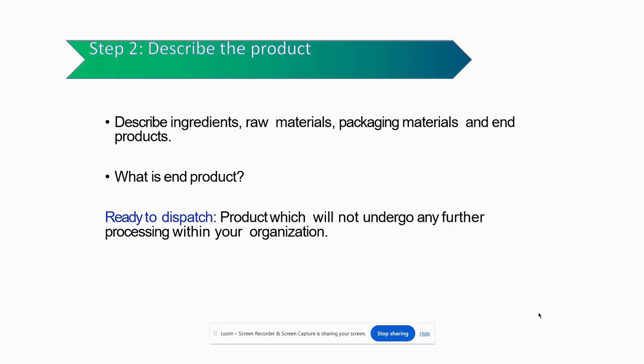The second thing is the intended use of the product, that is who can use the product, how to use the product, and the allergen requirement declaration: whether this product could be consumed by all, or whether there are any restrictions with respect to the consumers.